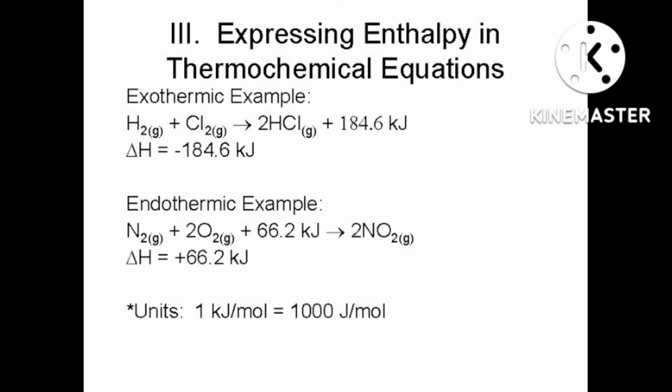Elemental state means the state in which they are existing. Cl2, H2, carbon graphite, sulfur rhombic, already I have told you. If 2-3 products are there, then you can't tell heat of formation.